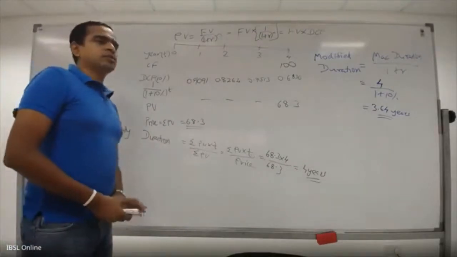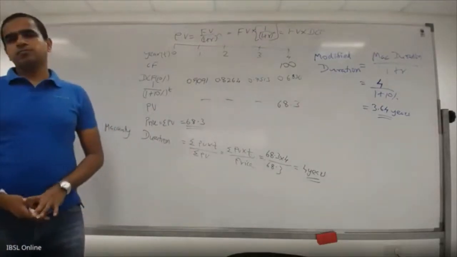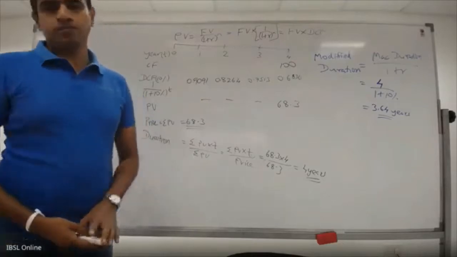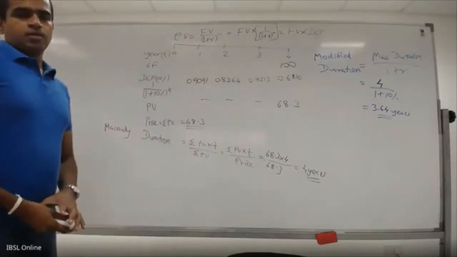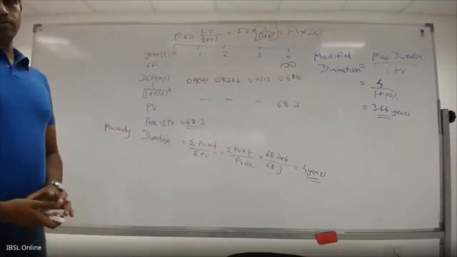It happens only in the case of zero coupon bonds. Duration equals maturity. Right. So any questions up to now?